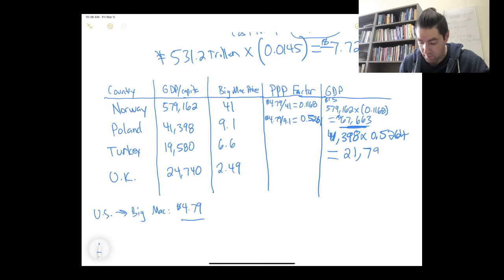That is what I got, depending on how you rounded everything. Okay, so that is the Polish GDP in US dollars.